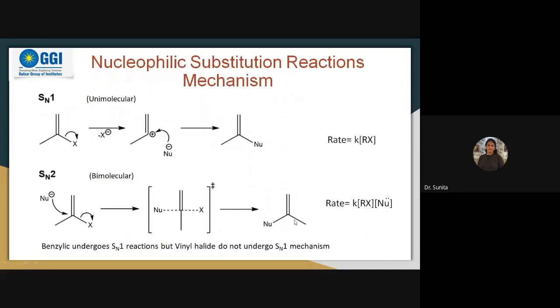You can see this in the SN1 slide. Since a positive charge is created here and the nucleophile attacks, the presence of the X negative ion nearby means the major product will be the inverted product from back side attack, and about 20 percent can be the other geometry.